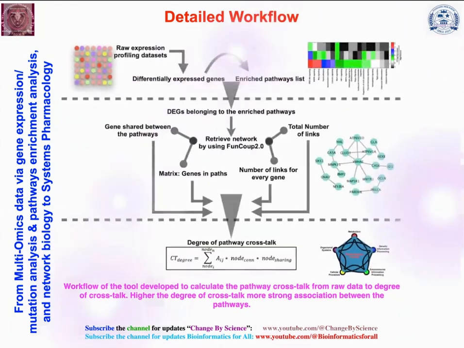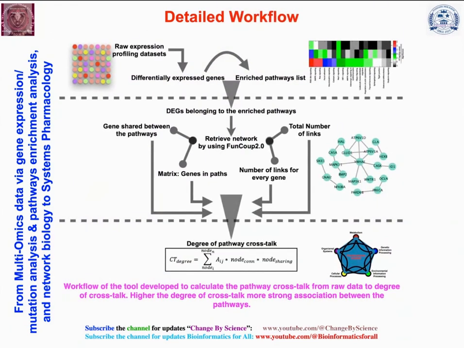So now let's proceed. If you are interested in such a kind of real application, the first thing you need to understand is the detailed workflow, how the workflow would look like.